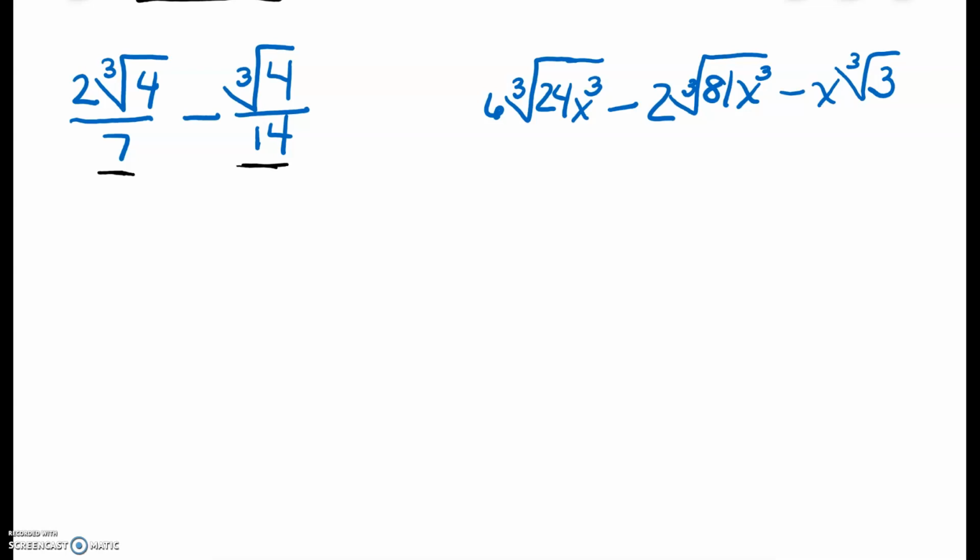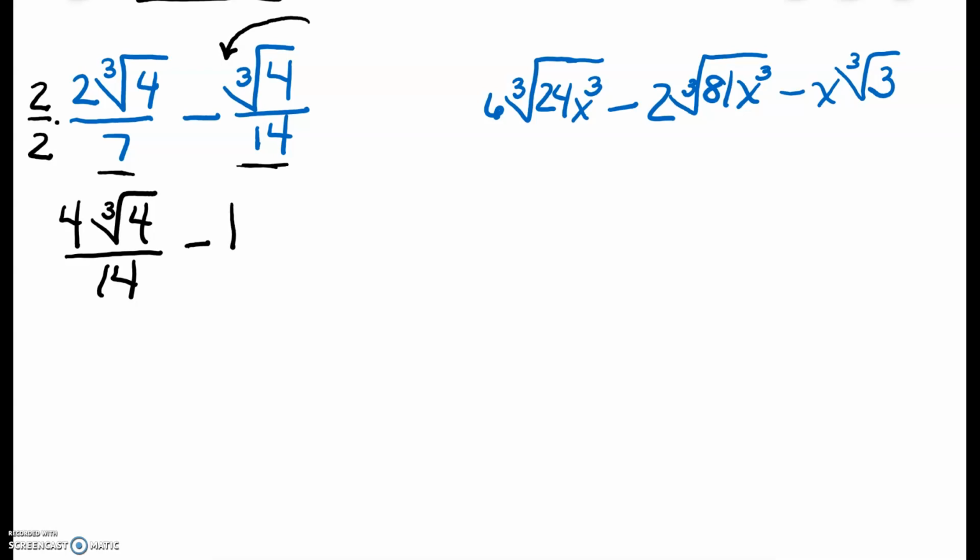So in order to add these, I need to have a common denominator, and that common denominator is 14. So I'll multiply this first fraction by 2 over 2. So in the numerator I get 4 cube root of 4 over 14. And remember, there's always a hidden number in front of either a radical or a variable, and that number is 1.